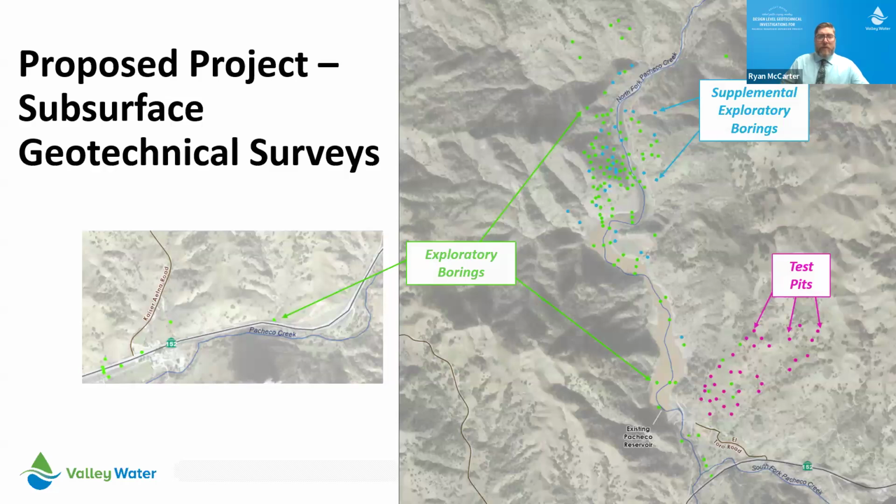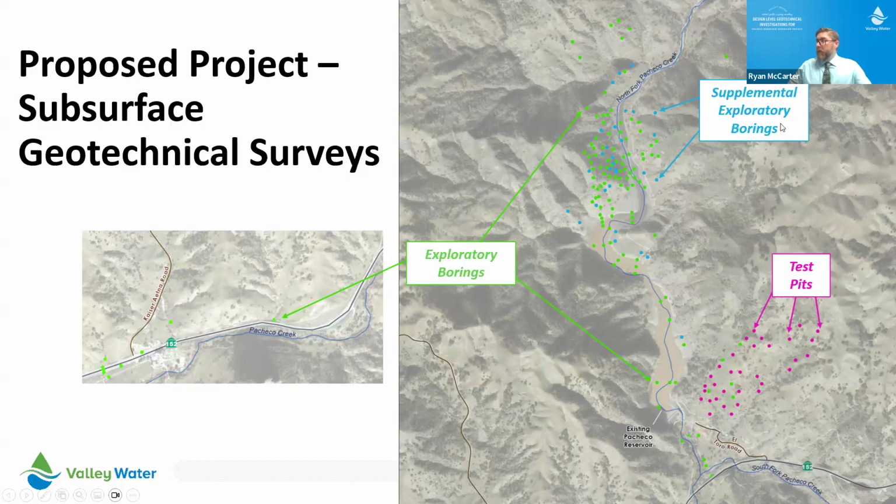And this is the map that shows the proposed subsurface geotechnical survey locations. The exploratory borings are shown in green. This inset on the left shows the area near Kaiser-Etna Road, so there are some borings along the road there for some proposed improvements along the highway. Over on the right is the larger project map. You can see most of the borings are centered around the proposed dam site on the North Fork Pacheco Creek here.